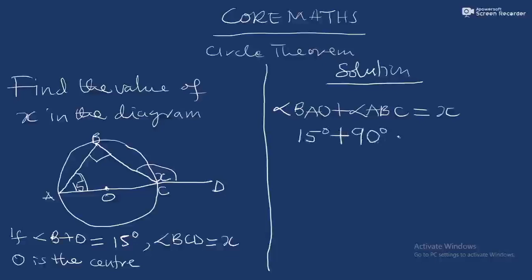So now our x will be equal to 15 degrees plus 90 degrees, which will give us 105 degrees. So our x is equal to 105 degrees. That is the answer to this question.